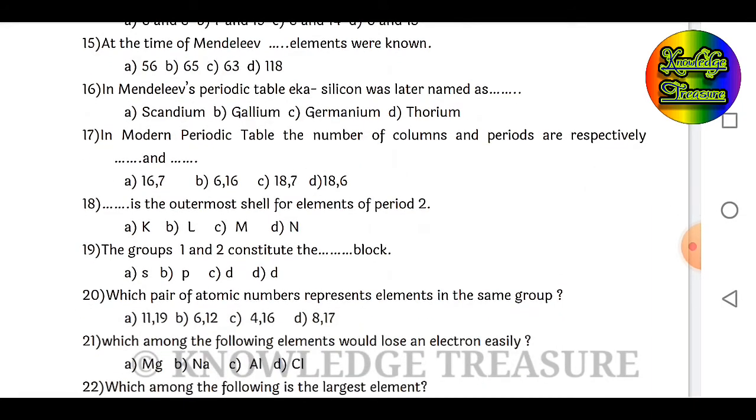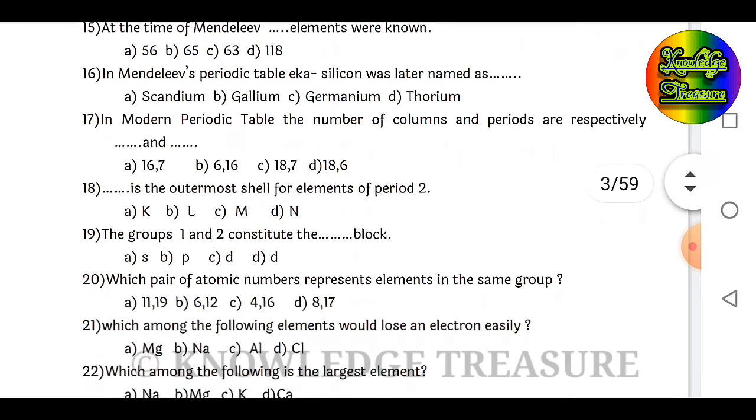In Mendeleev's periodic table, eka-silicon was later named as A. Scandium, B. Gallium, C. Germanium, D. Thorium. The correct answer is B. Gallium.